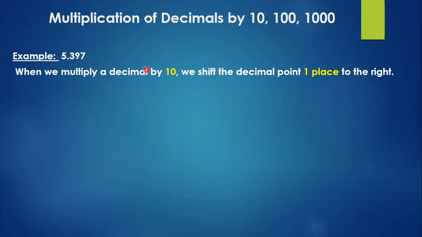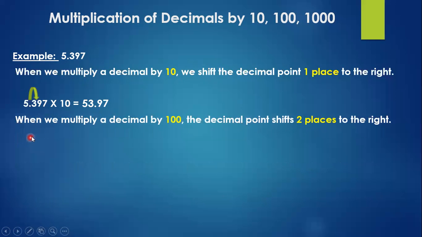This 10 tells you how many places. 10 has one 0, so we move one place to the right. So 5.397 multiplied by 10, we will get the answer 53.97.